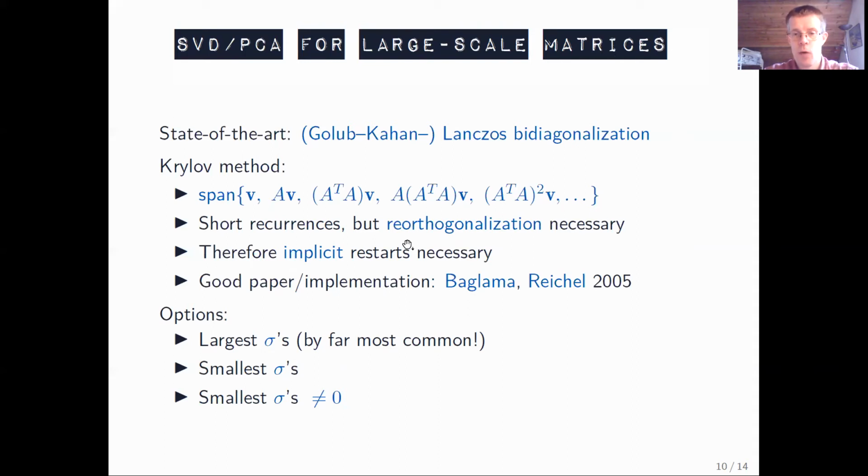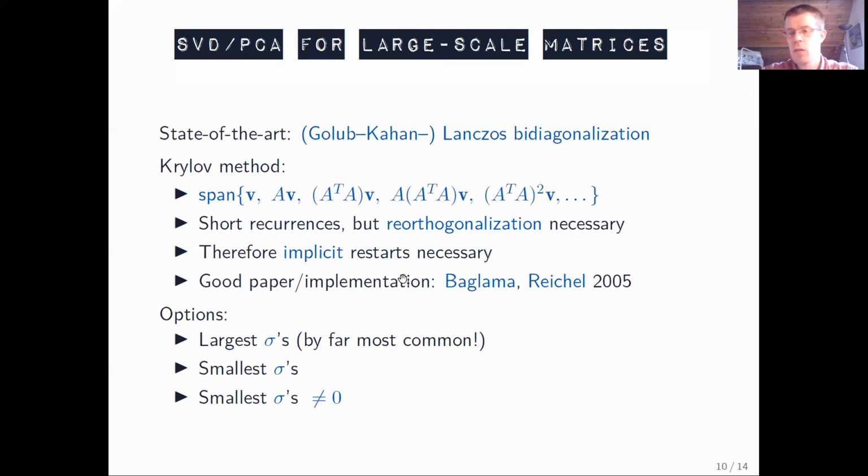It was found out that usually we have to use some kind of Gram-Schmidt process to ensure that these vectors remain orthogonal. And at some point, this reorthogonalization cost takes over. It becomes the dominant cost. So it is too expensive. Not so much the matrix-vector products are the problem, but the cost to keep the basis orthogonal.